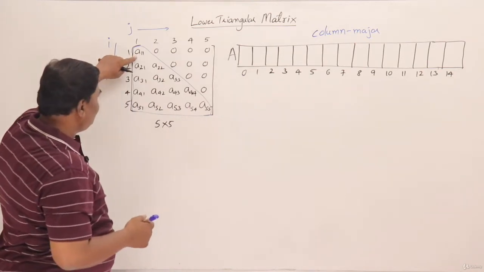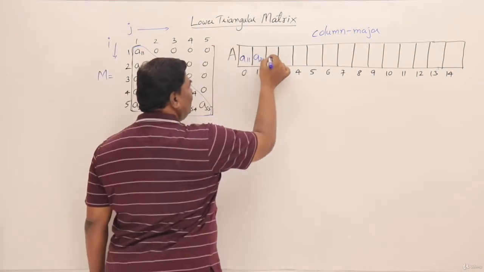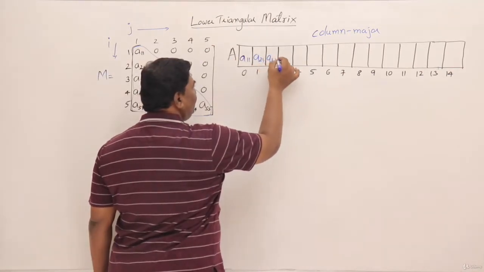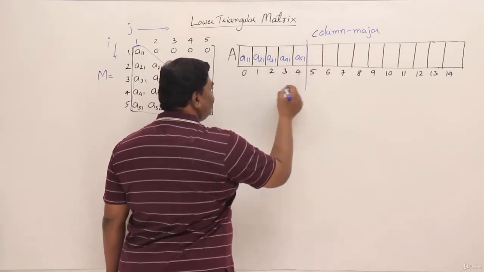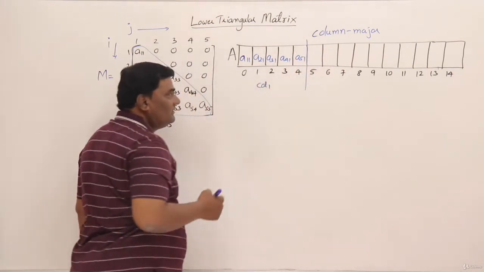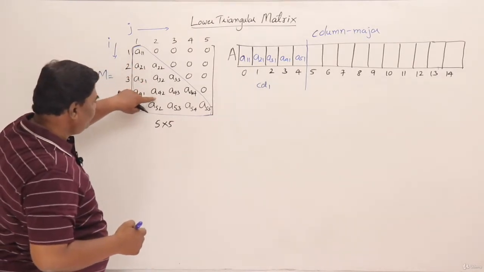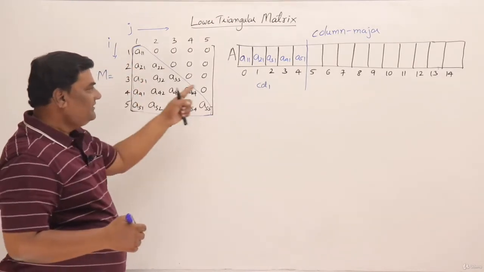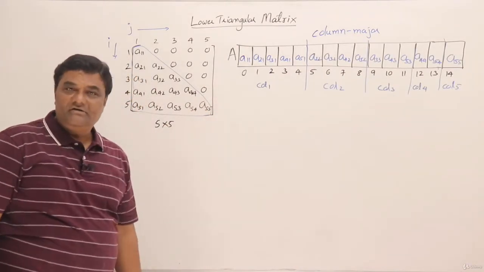So first column elements are 1,1, 2,1, 3,1, 4,1, 5,1. So this is column 1. Likewise, I'll fill up second column, that is 2,2, 3,2, 4,2, 5,2. So I'll fill all the columns. So I have filled all the elements column by column.